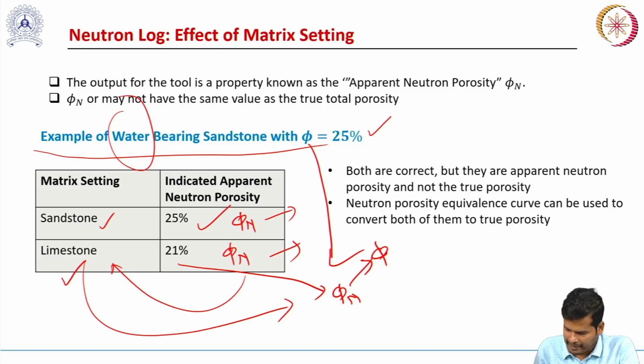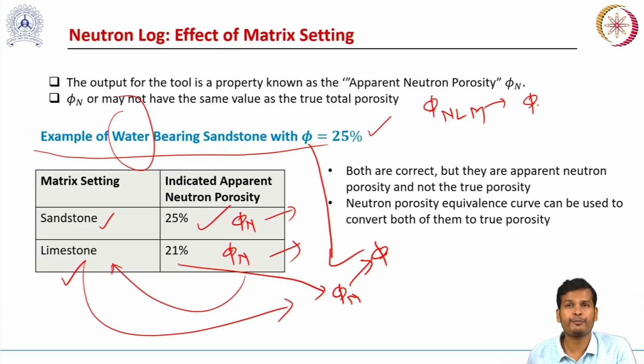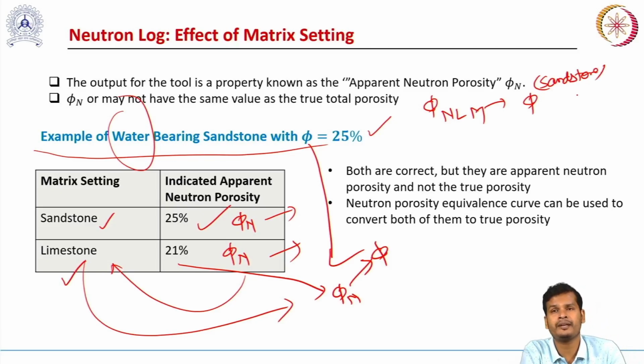For example, if I have a limestone measurement, phi n lm, that means neutron porosity using limestone matrix setting. If I want to convert it to the true porosity, in this case for a sandstone matrix setting, I can use the relationship which has been developed for converting the limestone porosity to our sandstone porosity.